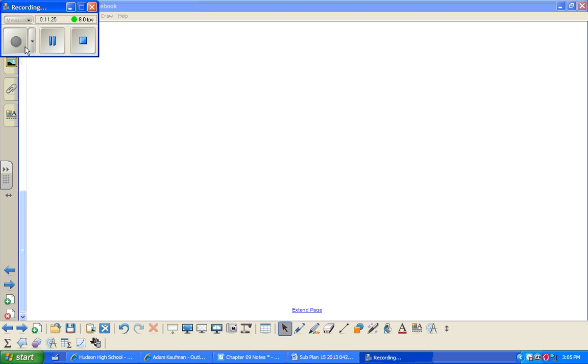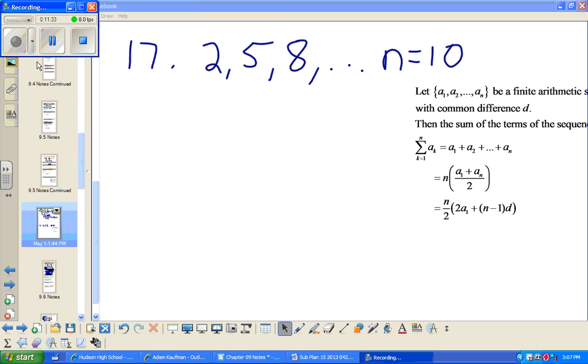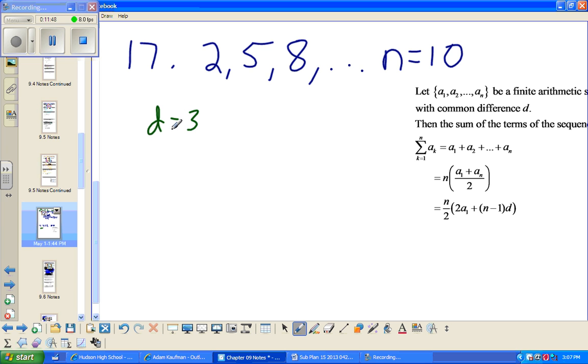So if we look at 17, we don't have a lot of terms, but in the terms that are there, we see a common difference of 3. So that makes me think arithmetic, with a common difference of 3.